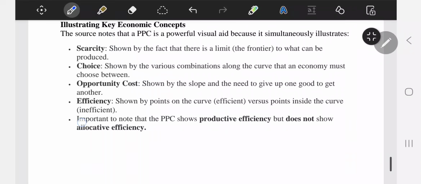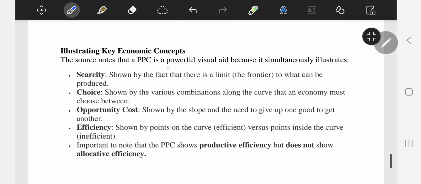The key concept we can learn here in the PPC is the concept of scarcity, where we show that there's a limit to what we can produce. And also the concept of choice. We can see that we choose what we want to produce, the various combinations that we can produce. We also see the opportunity cost, that the more of this that we produce, we have to sacrifice another good.